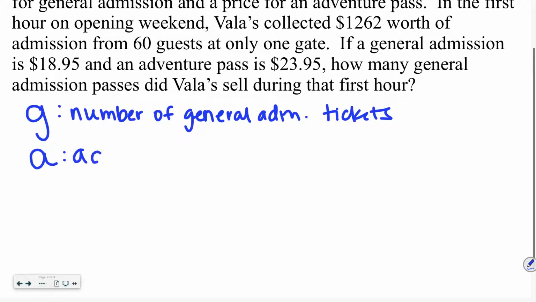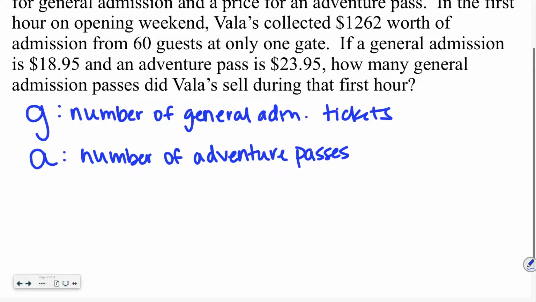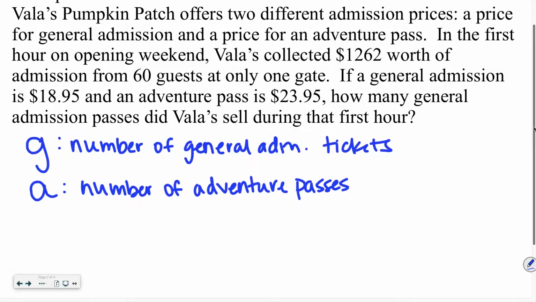Adventure passes, thank you. Okay, don't say A equals adventure passes. A equals the number of adventure passes. All right, so we have our variables defined. Those are our 2 unknowns. Do you agree? All right, so now let's write our equations.